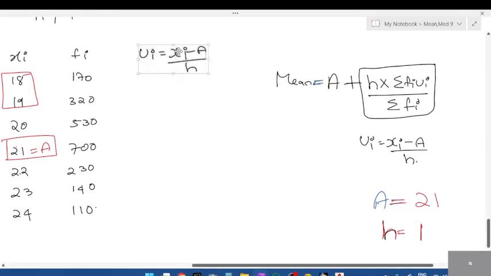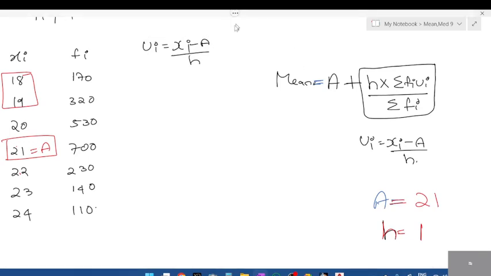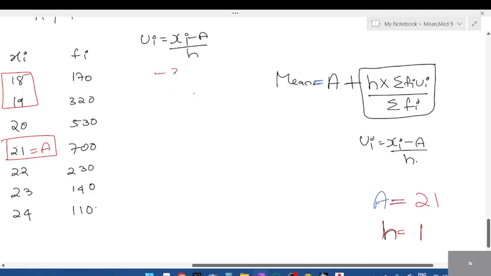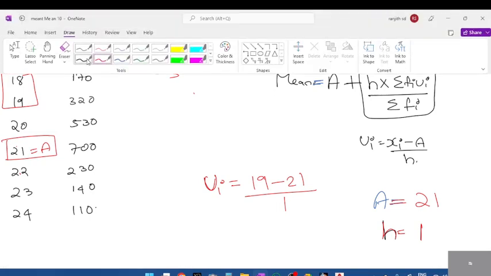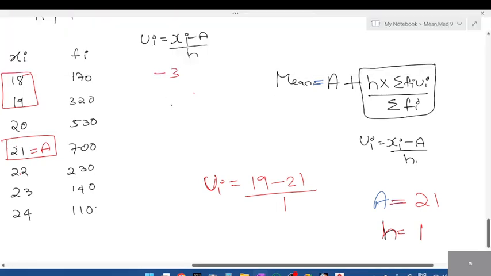All of you understood the calculation? Anya, can you respond? Delicia, Anya, minus 3. Tell me the next one, Delicia. What's the next one? For the next one, what is Xi? 19 minus 21 divided by H. Okay, what is H value here?